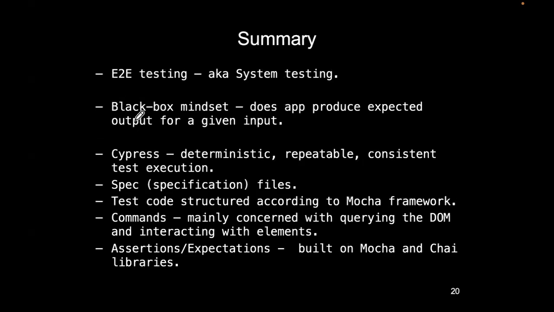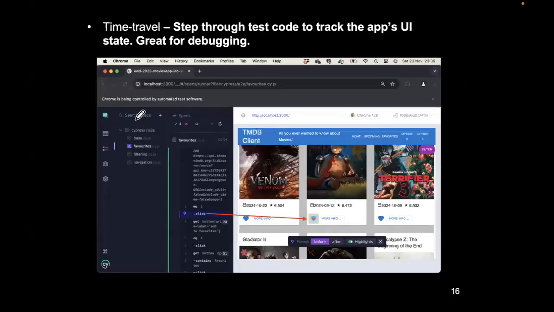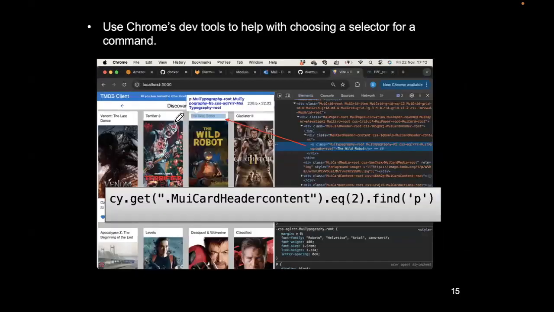Okay, you can read over the summary yourself. So the difficult part really of Cypress, to be quite honest, is to examine the HTML and from that then to work out how you would express your testing code using Cypress commands. And there isn't a right answer and a wrong answer.